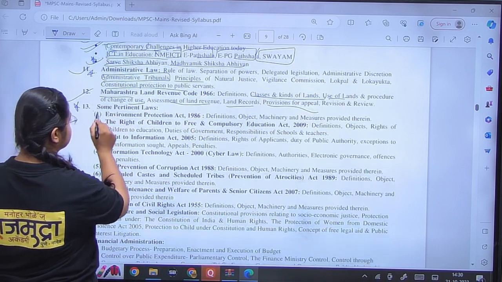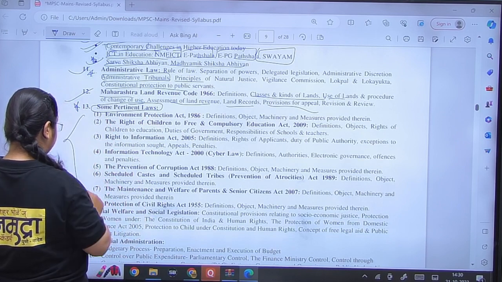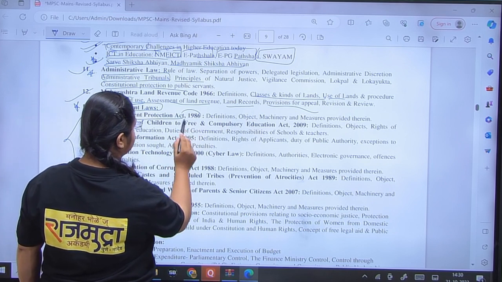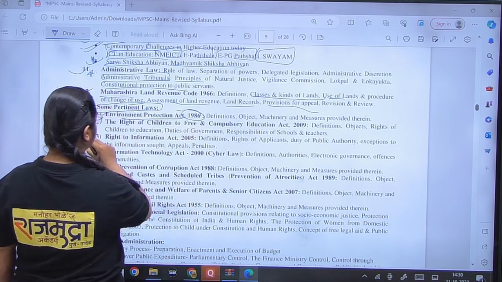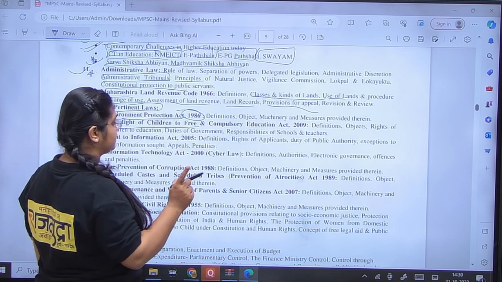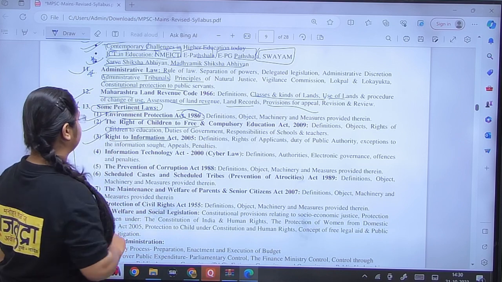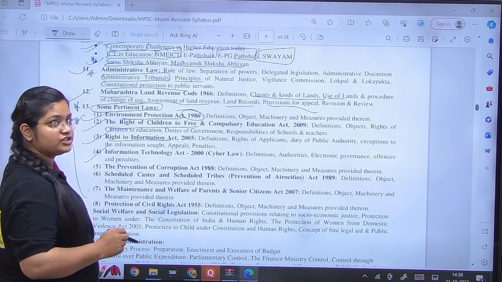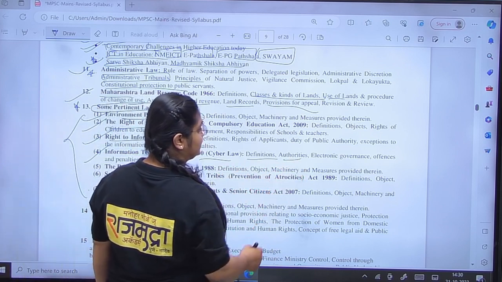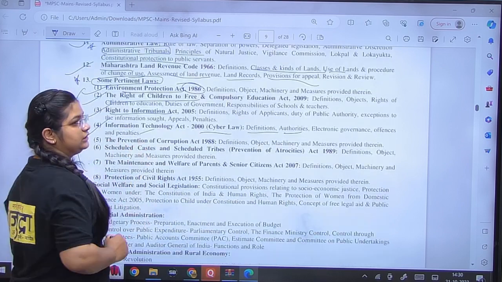Next, point 13, some pertinent laws. There are some laws we have to study rigorously. The first one is the Environmental Protection Act 1986. Second, the Right of Children to Free and Compulsory Education Act 2009. Third, the Right to Information Act 2005. Then the Information Technology Act 2000, that is cyber law, its definition, authorities, electronic governance, offenses and penalties.